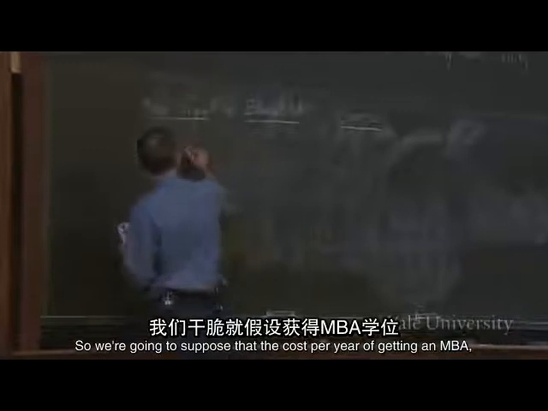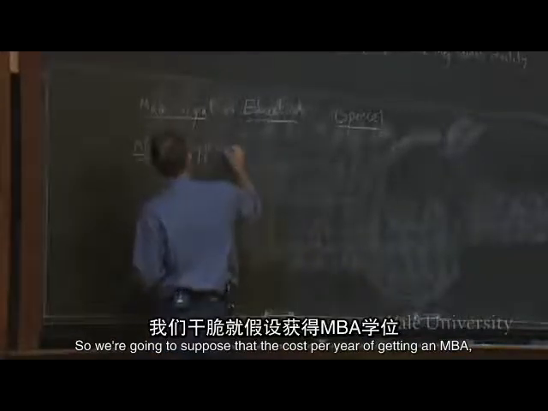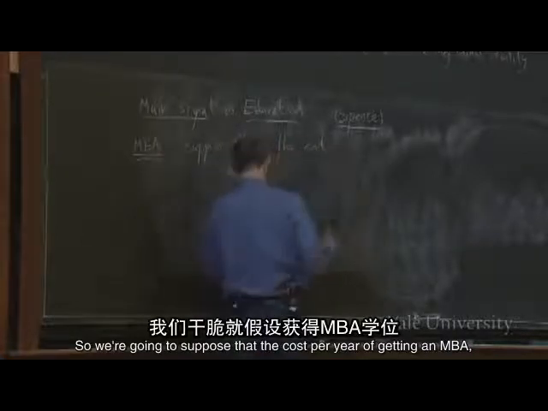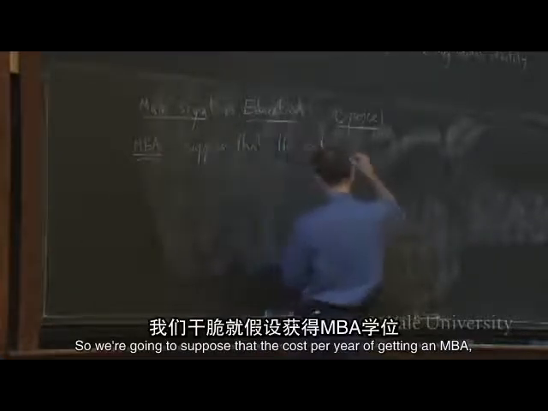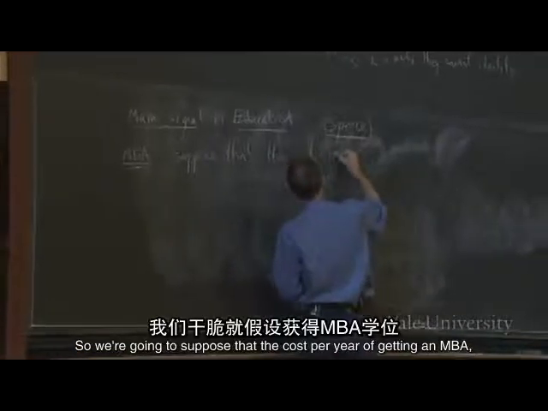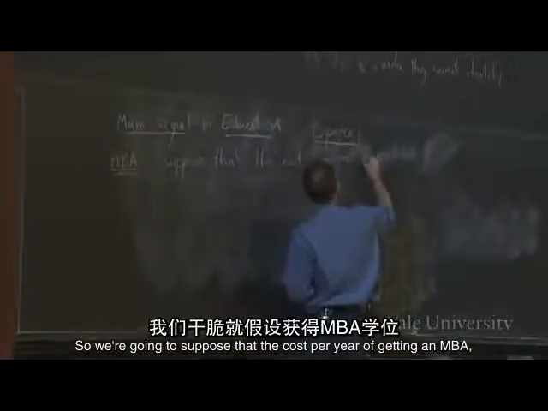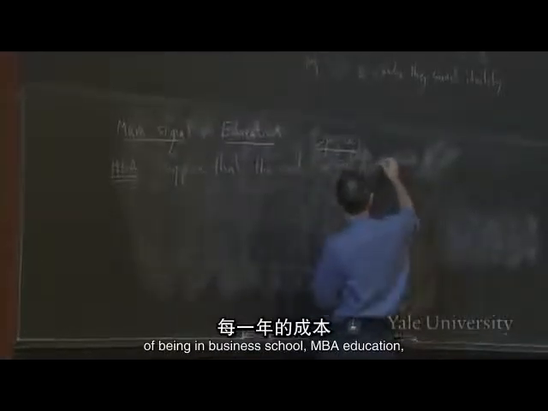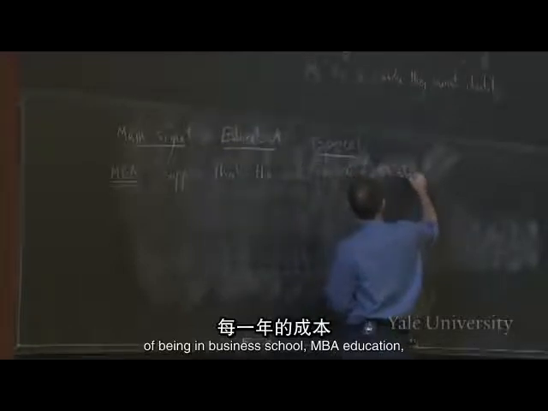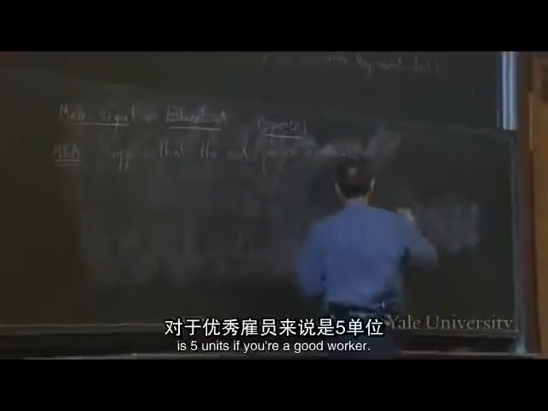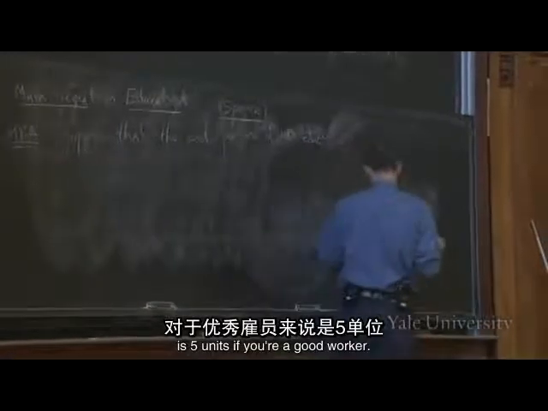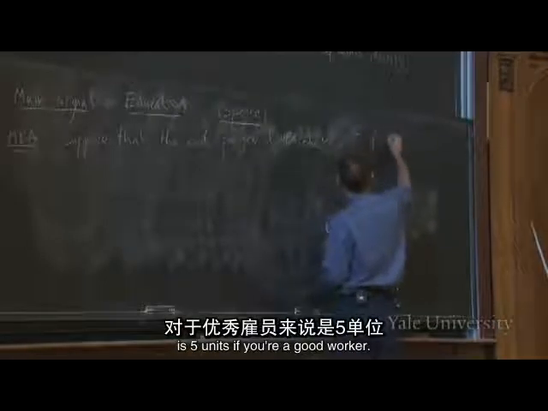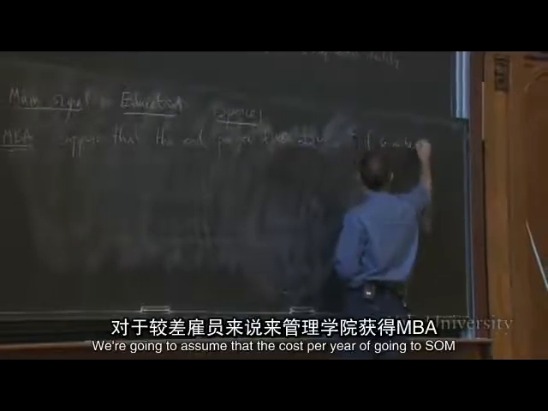So we're going to suppose that the cost per year of getting an MBA, of being in business school, of MBA education, is 5 units if you're a good worker.